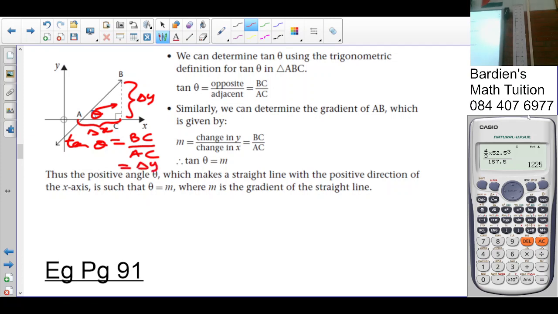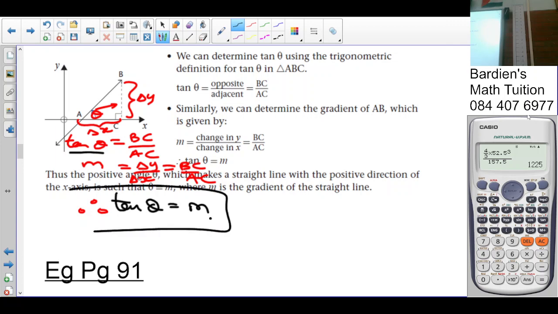What do we actually calculate when we do change in y over change in x? Our gradient. So if tan of theta is equal to BC over AC, and the gradient is also equal to BC over AC, what can we conclude? The tan of theta is equal to the gradient.